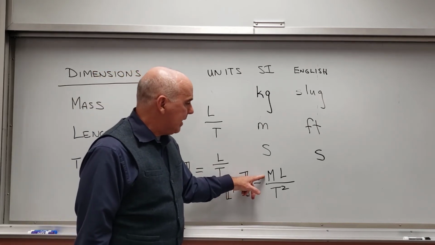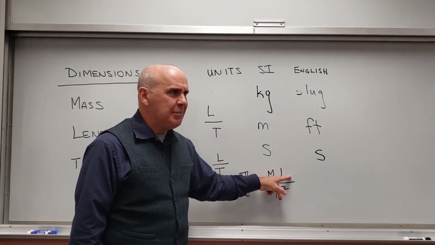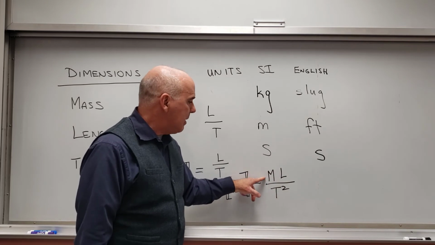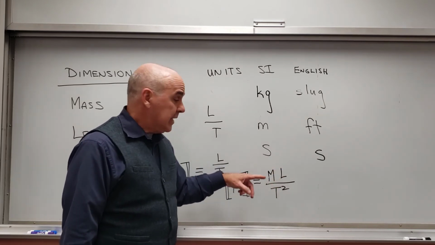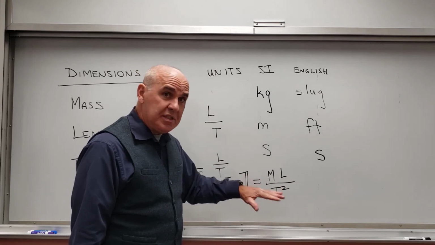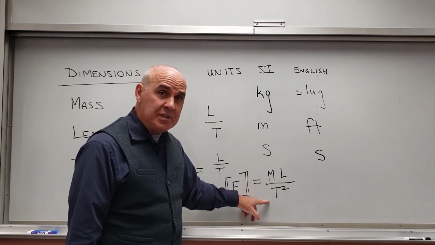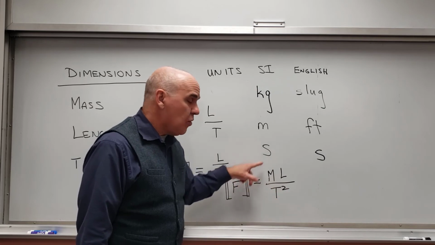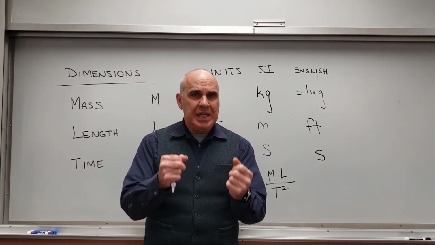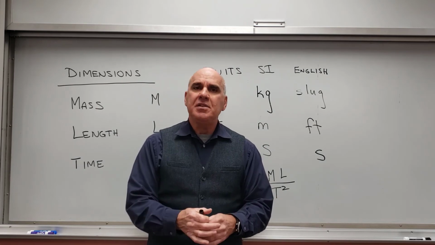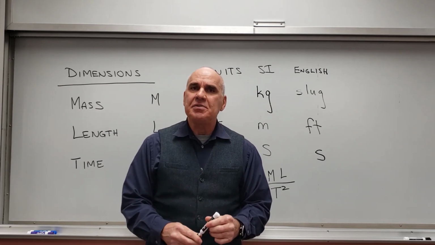I can take a mass and multiply it by a length. So mass times length, that's completely legal. And then divide by time squared, which is a different dimension altogether. This is okay. Adding, subtracting, the foundational dimensions must be identical. Multiplication and division, I don't have any of those kinds of restrictions.